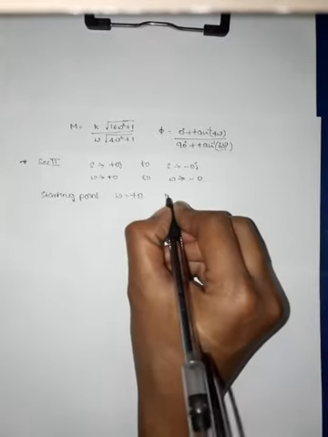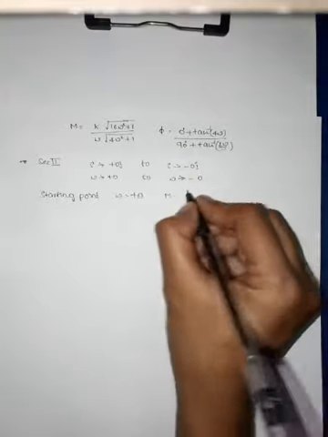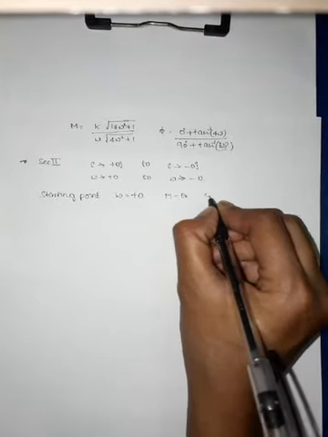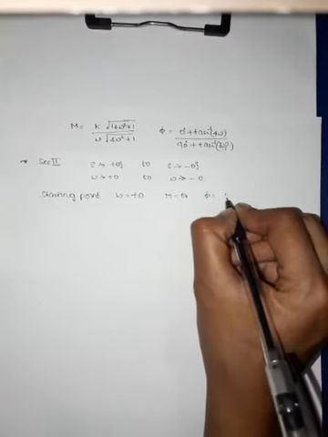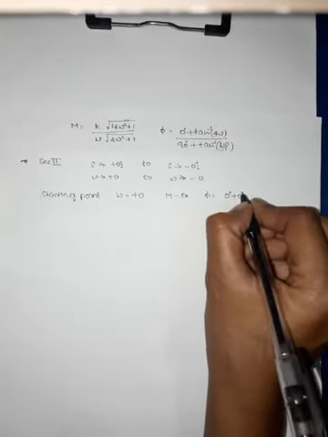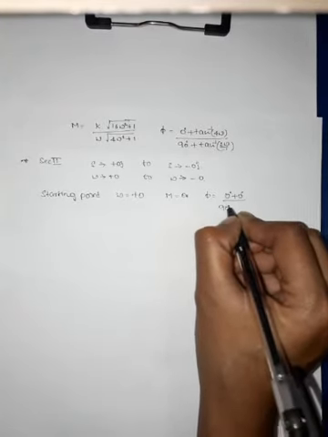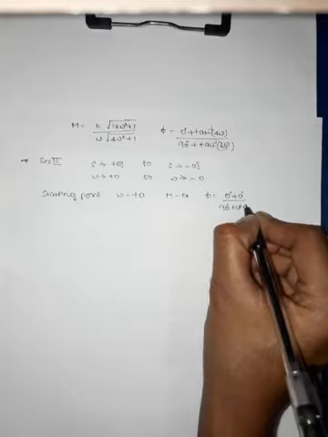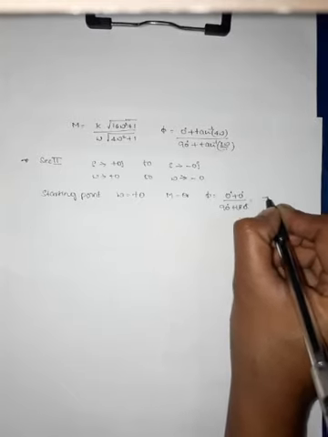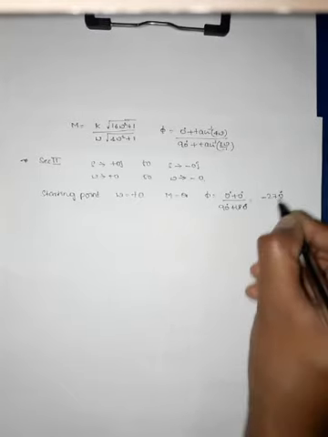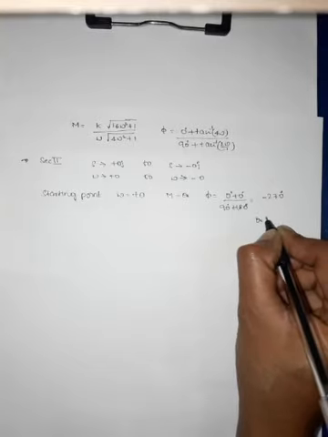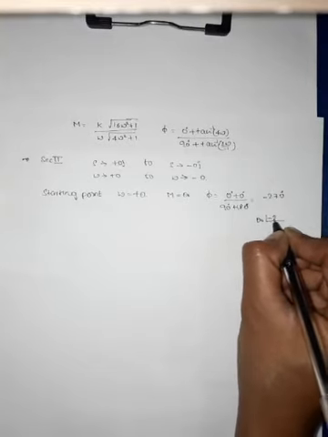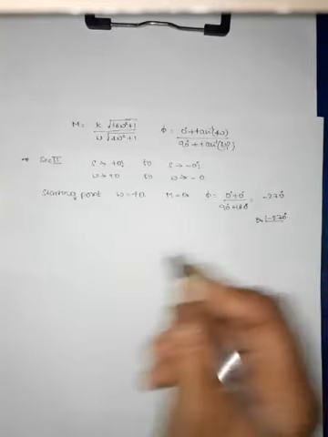The magnitude is anything divided by 0, which is infinity, and the phase angle will be equal to 0 plus 0 divided by 90 degree plus 180 degree, which is minus 270 degree. Overall, infinity is the magnitude and the phase angle is minus 270 degree.